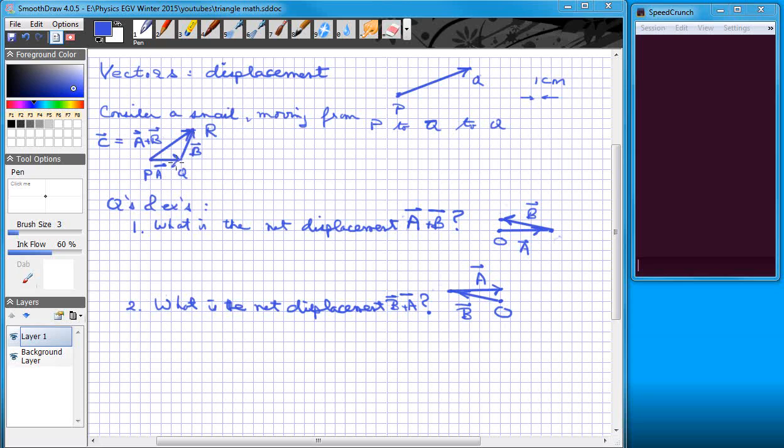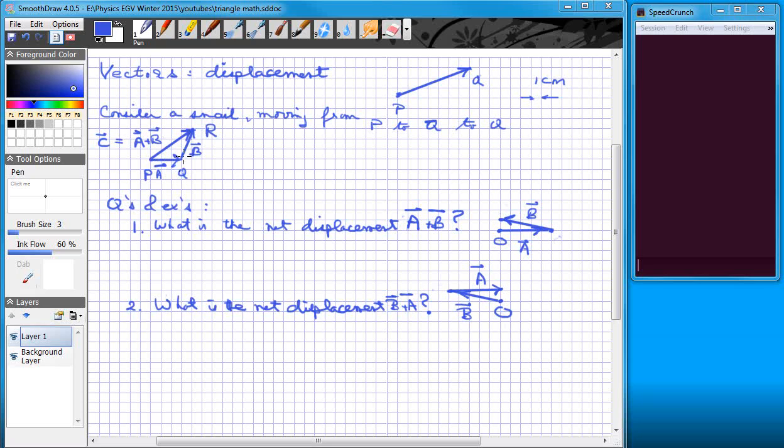And note that each one of these displacements has a certain magnitude. If each one of these little divisions is 1 centimeter, then this snail is going 3 centimeters due east, and then it's heading in a northeasterly direction here.